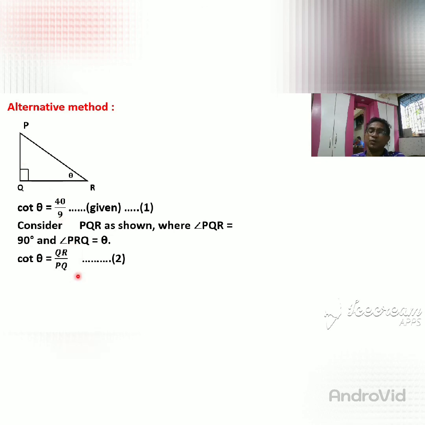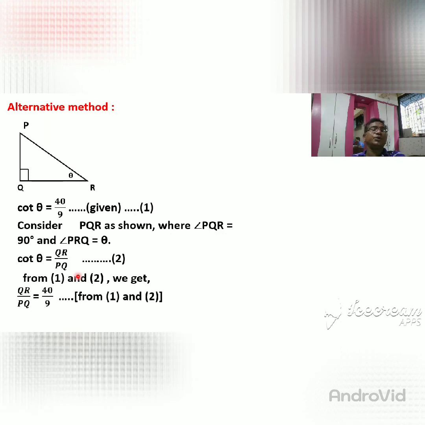So we substitute here that QR is 40, and for PQ, using the Pythagoras theorem, PR square is equal to PQ square plus QR square. So here it is 40 square plus 9 square. 40 square is 1600, 9 square is 81. The sum of them is 1681.